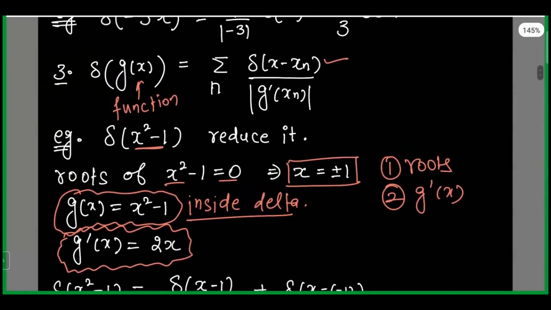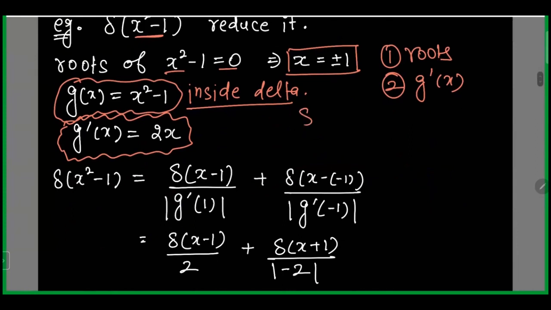So your formula is delta of g(x) equals summation delta of x minus xn, divided by mod of g dash of xn. Here, what are xn? Roots. xn are my roots. So my xn are plus and minus 1. So first I will write delta of x minus my first root, which is 1, divided by g dash of 1.